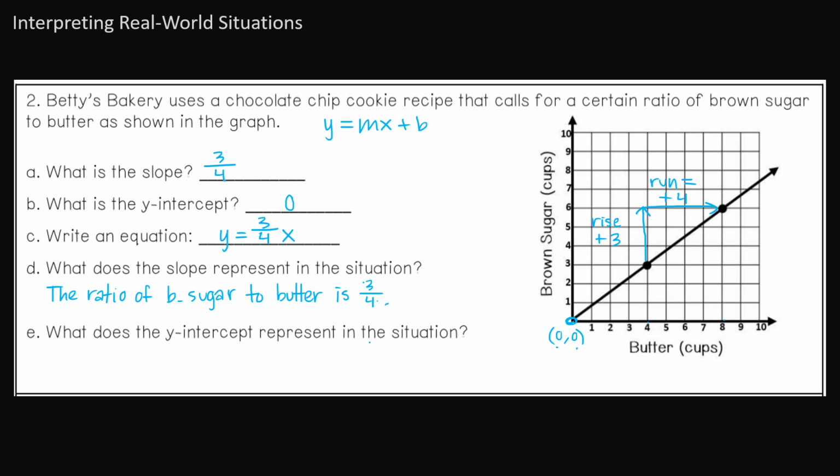The y-intercept in this situation is 0, which basically says 0 cups brown sugar for every 0 cups of butter. And I know that doesn't really make sense in this situation, but for recipes, it's a pretty proportional relationship. We're saying that if we're not using any cups of brown sugar at all, we're also using 0 cups of butter.